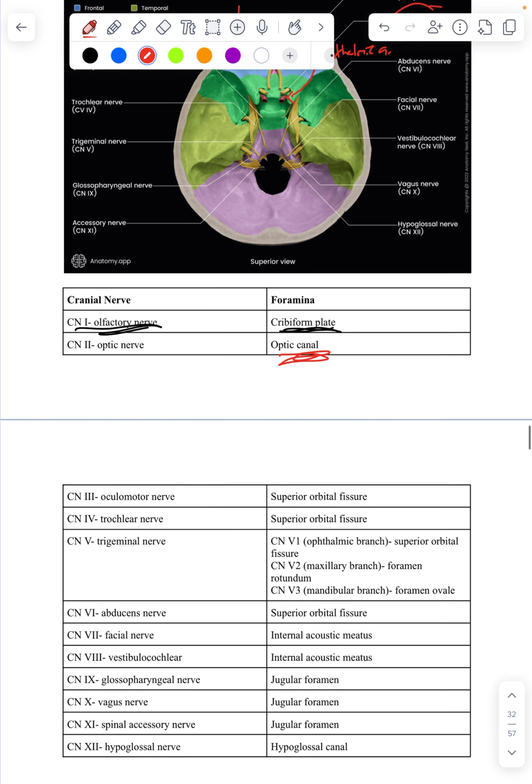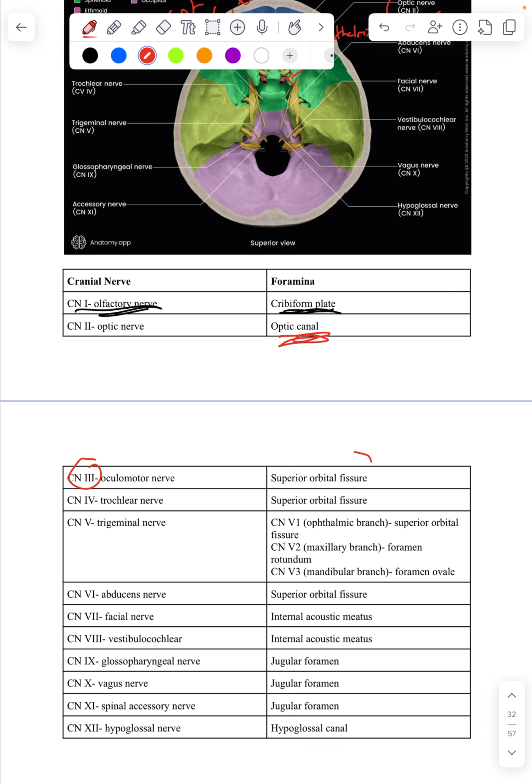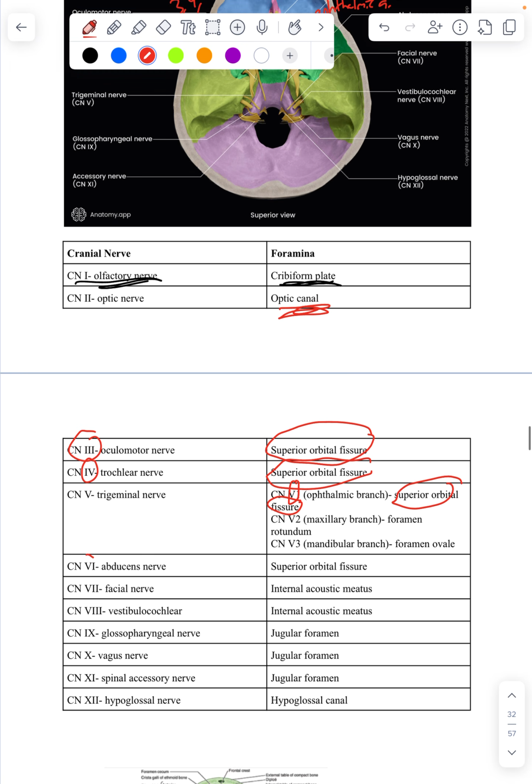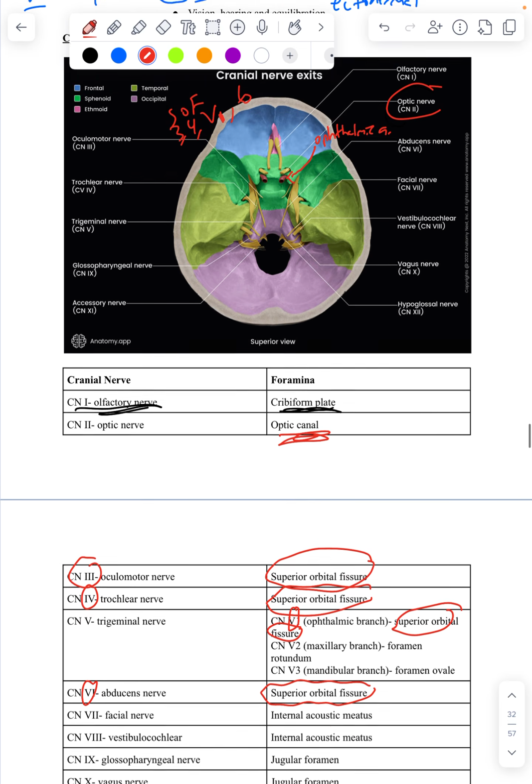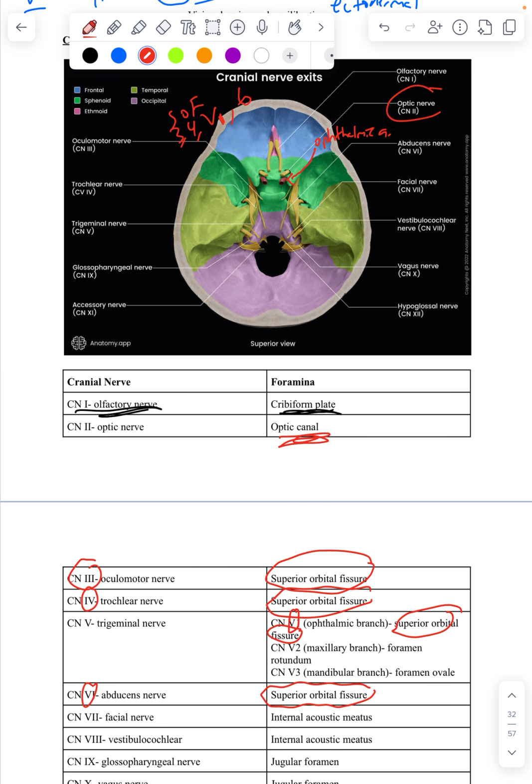So 3, SOF, 4, SOF, V1, SOF, and 6, all SOF. It's nice because these are all eye stuff, and they're going to the superior orbit, or where your eye is.